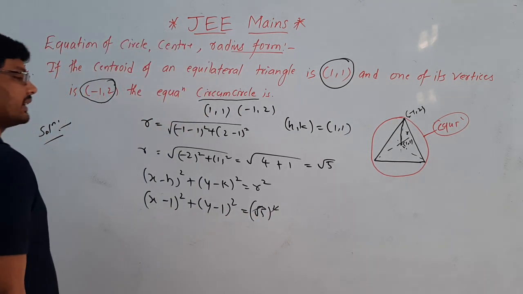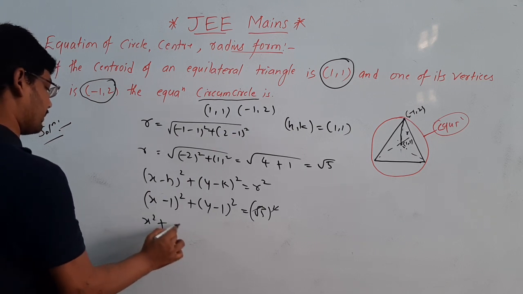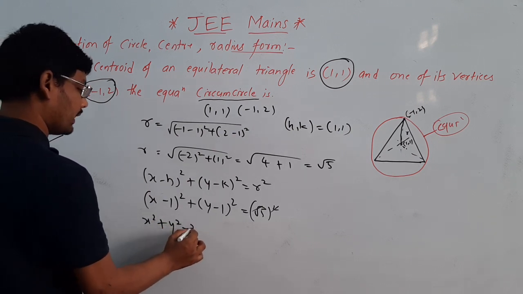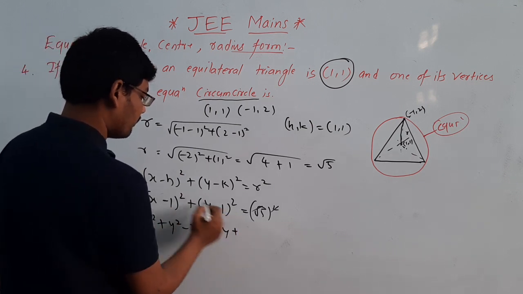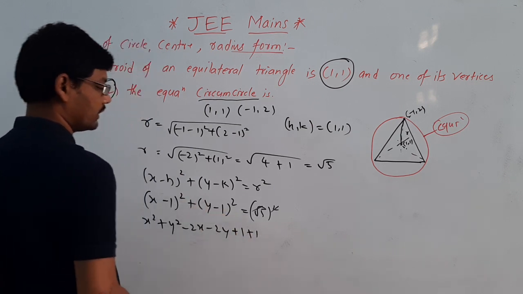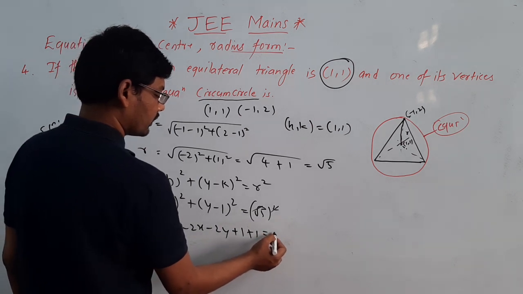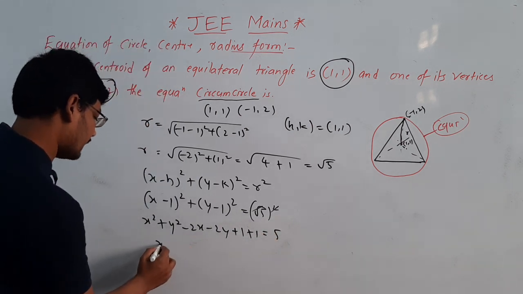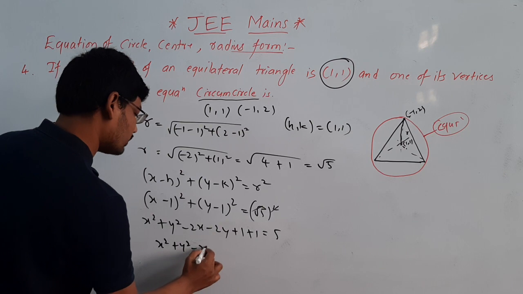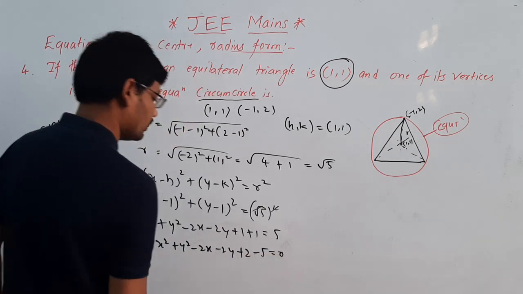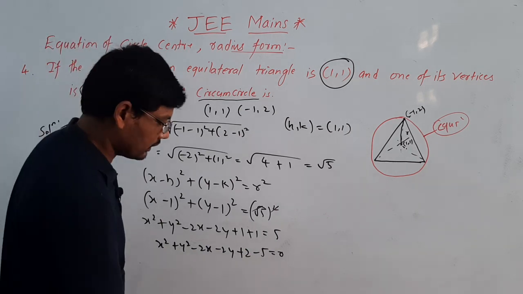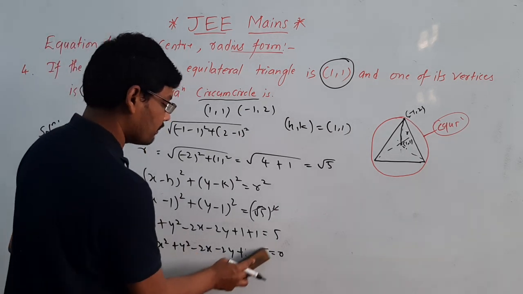Square and root get cancelled here, and x square plus y square minus 2x minus 2y, and 1 plus 1 here, and if you bring it here it is 5. So x square plus y square minus 2x minus 2y plus 2 minus 5 is equal to 0, and 2 minus 5 is nothing but minus 3.